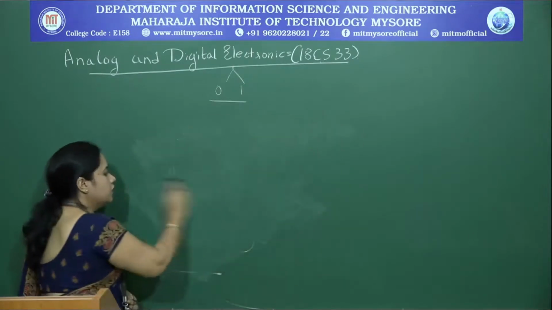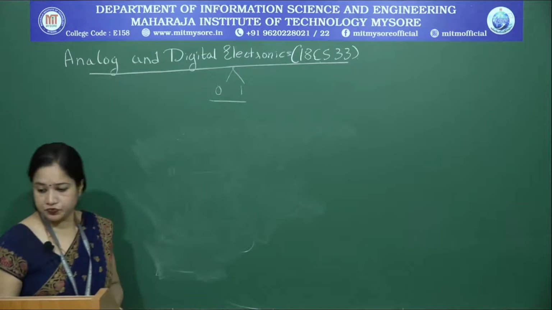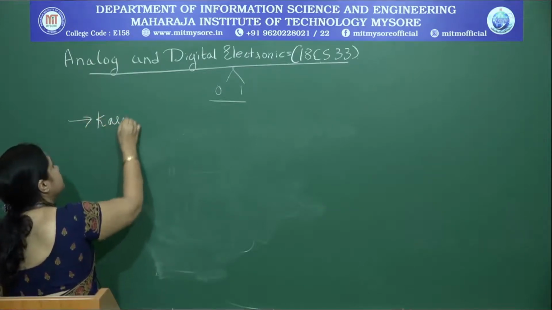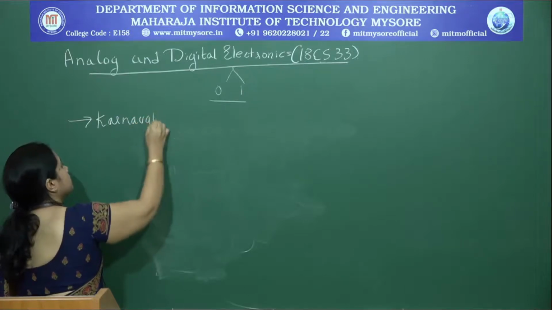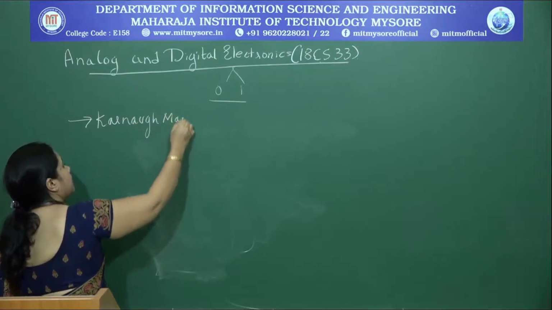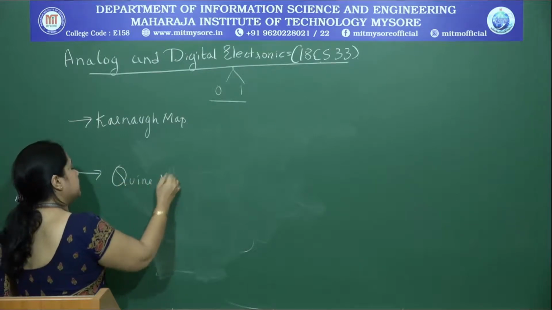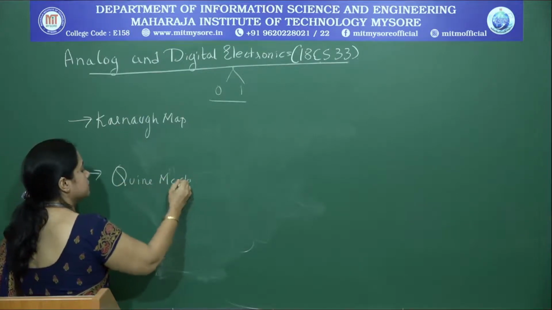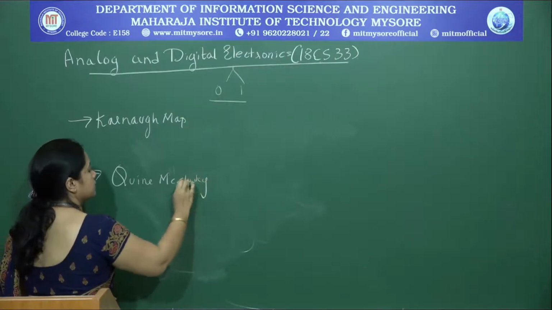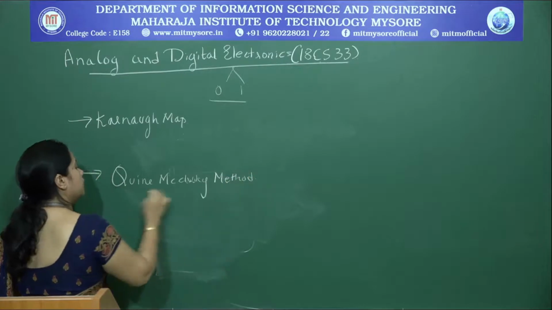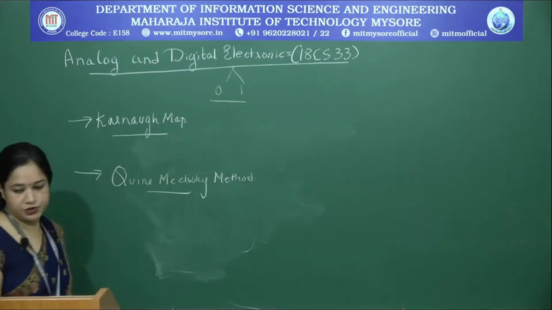So in this module, you will be dealing with the Karnaugh map method for simplification, and we will go in detail with the Quine-McCluskey method for solving a given Boolean expression.